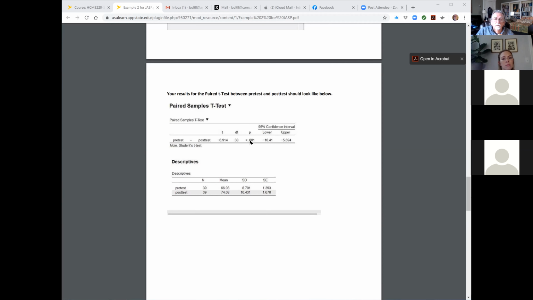To say another way, you're 99% sure that that's not a false positive when you say there is significant difference between pre and post. Or you could turn it around the other way and say, you've got less than 1% chance of this being a false positive. And you'll see it mentioned both ways. Whichever way makes the most sense to you is fine.